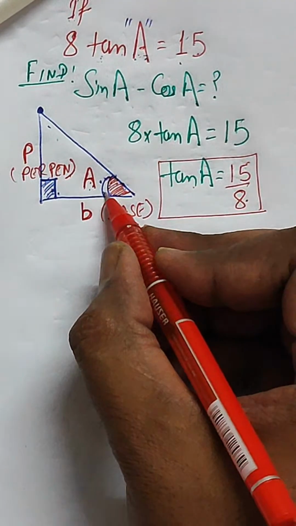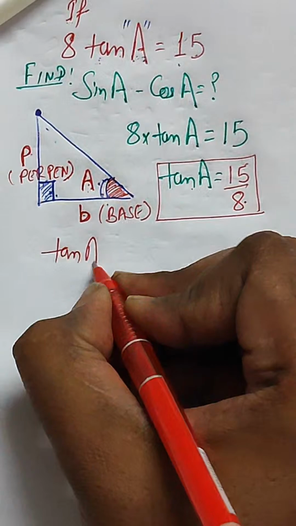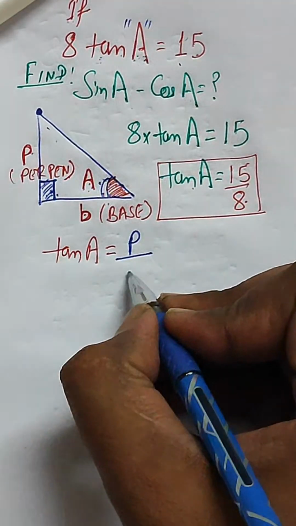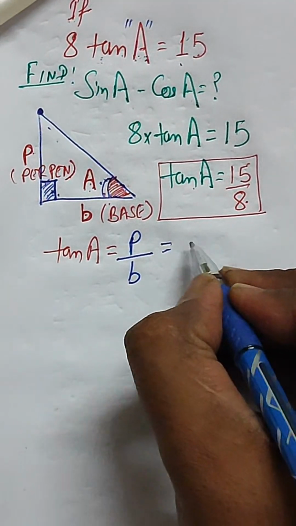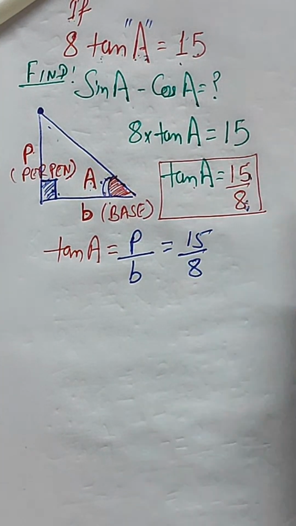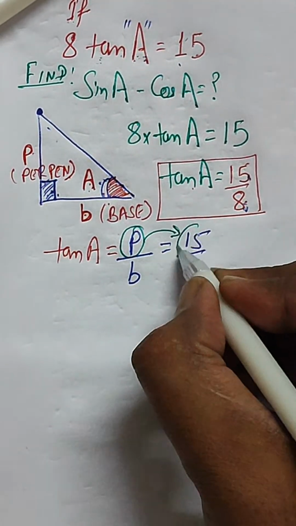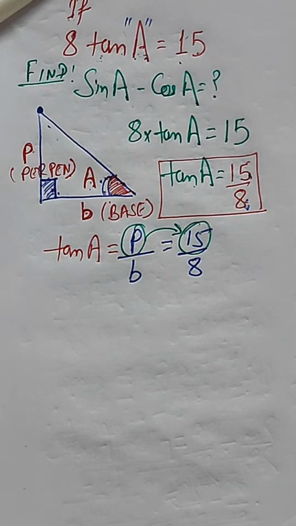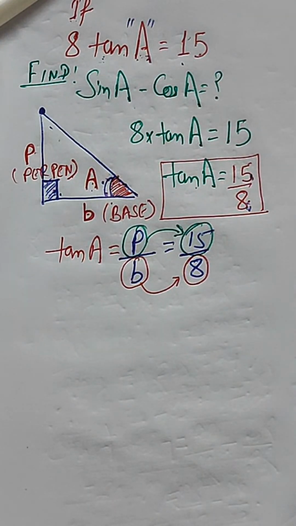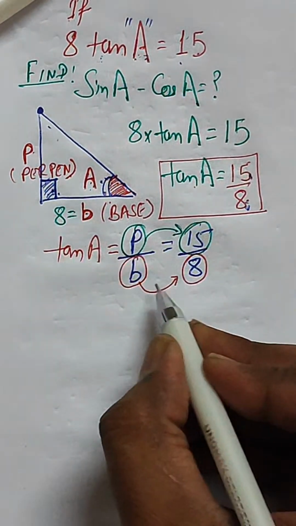And tan A is the ratio of perpendicular to base. If you compare this with its standard form, P by B is the ratio of tan A, whose value is calculated in the above step as 15 by 8. So we can say that the value of P is 15 and the value of B is 8.